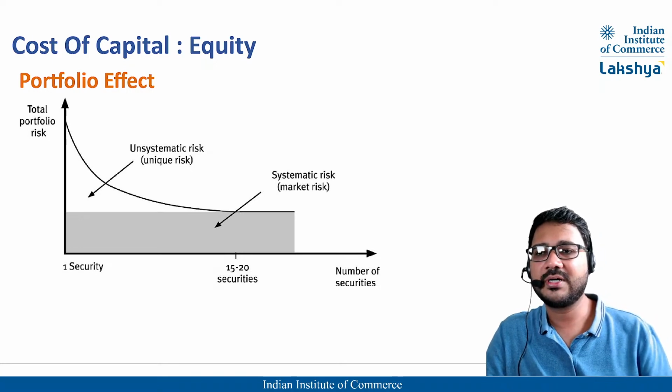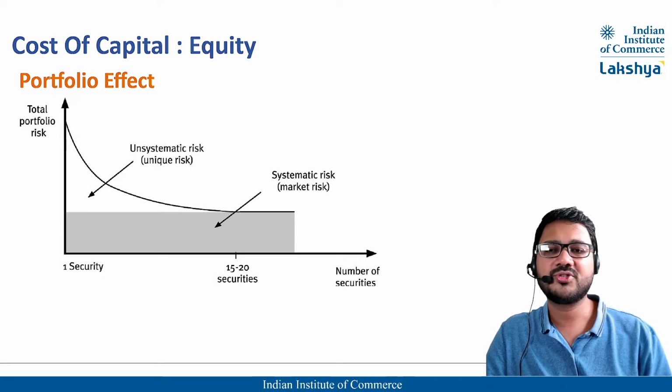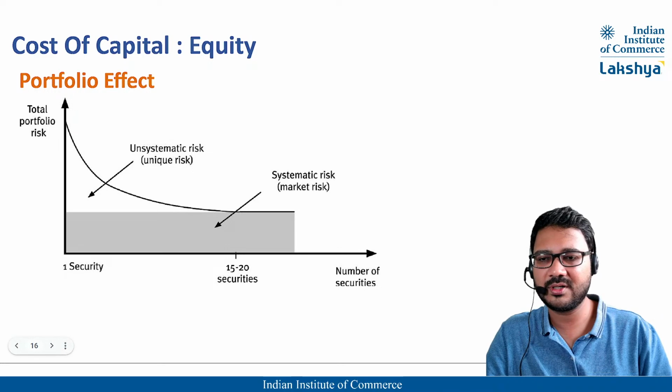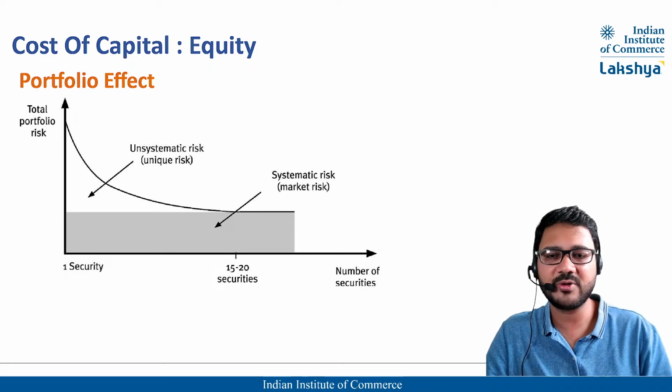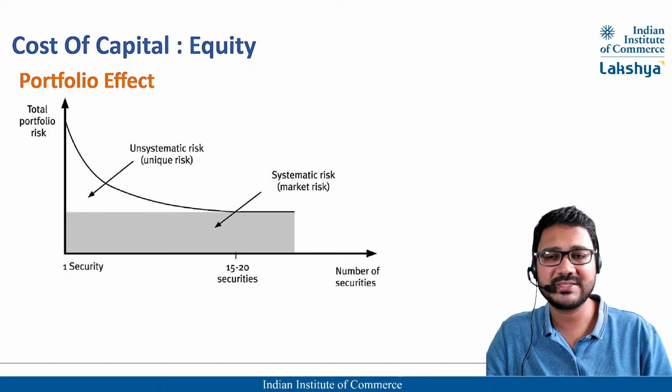All right. So this is your total portfolio risk if you have only one stock in your portfolio. It is made up of both your systematic risk as well as your unsystematic risk, and each additional stock that you add to your portfolio brings down the unsystematic risk, because by diversifying your portfolio, you are bringing down the unsystematic risk.